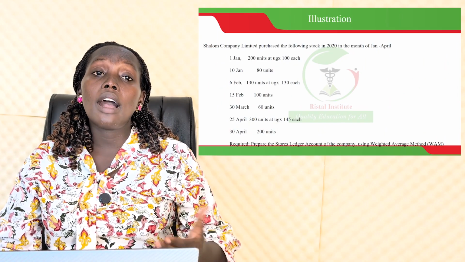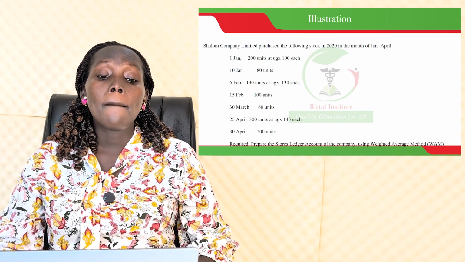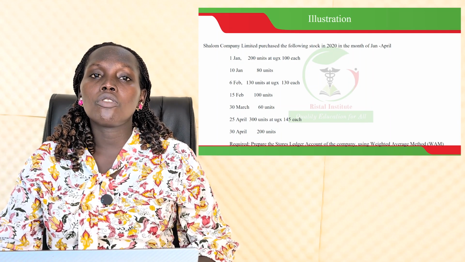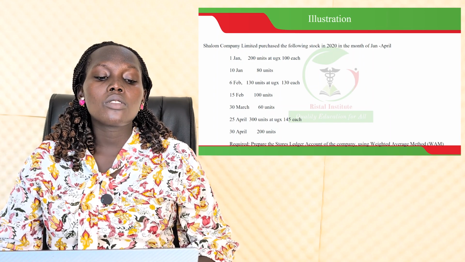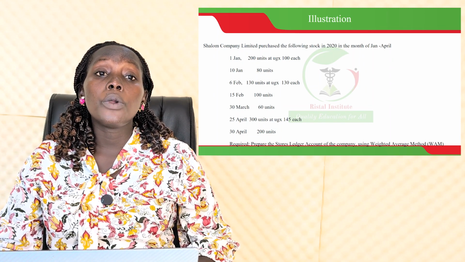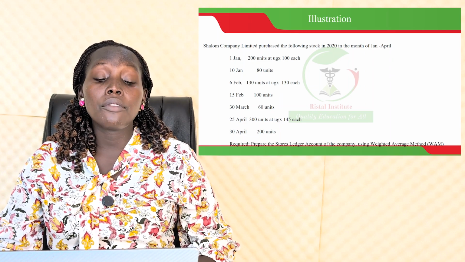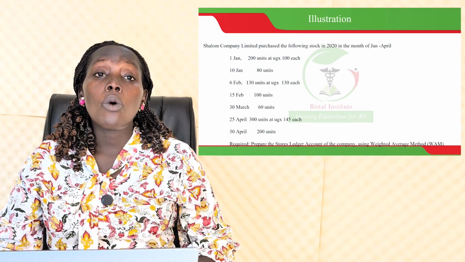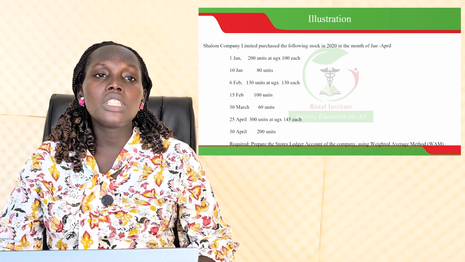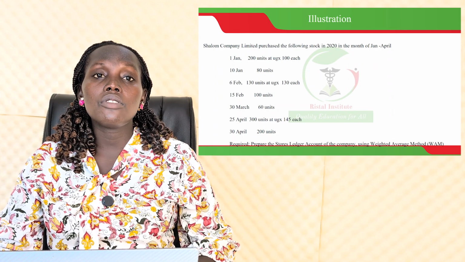Let's do our illustration. Shalom Company Limited purchased the following stock in 2020, in the months of January to April. On 1st January we opened with 200 units at 100 each. On 10th of January, we issued out 80 units.